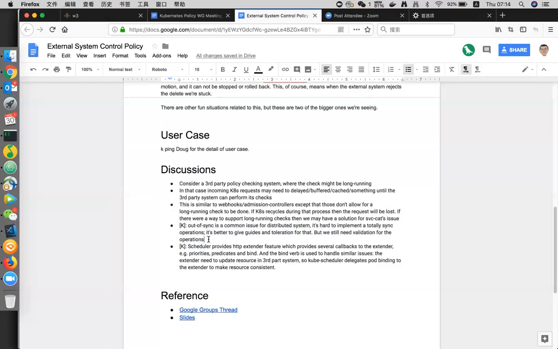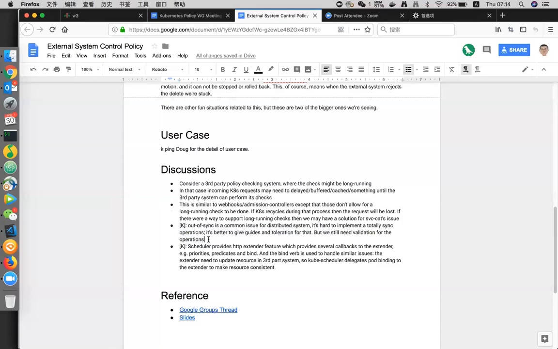In some versions we only do bind, we only assign the pod in the default scheduler, and the extender scheduler does the operation to the external service, to the internal resource.